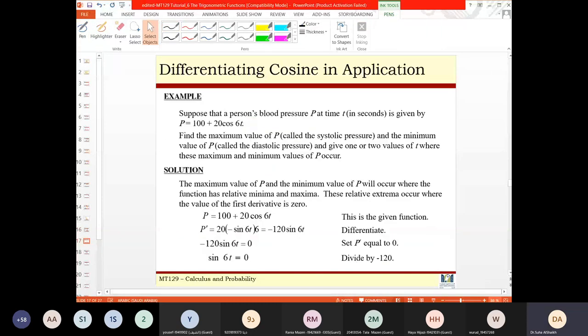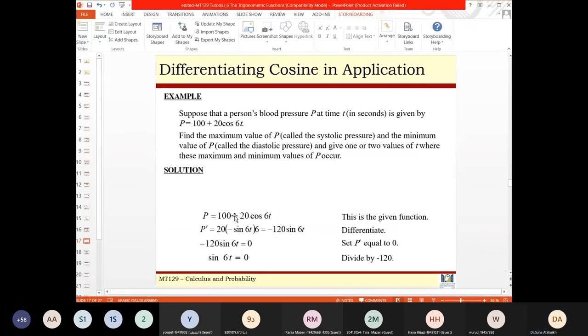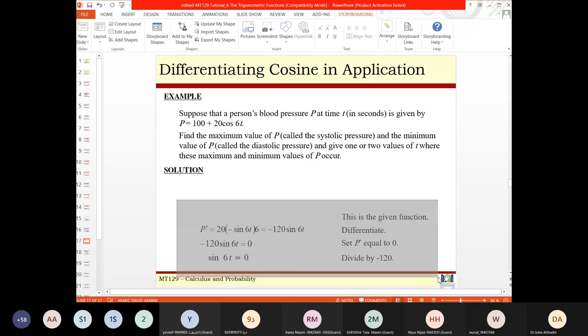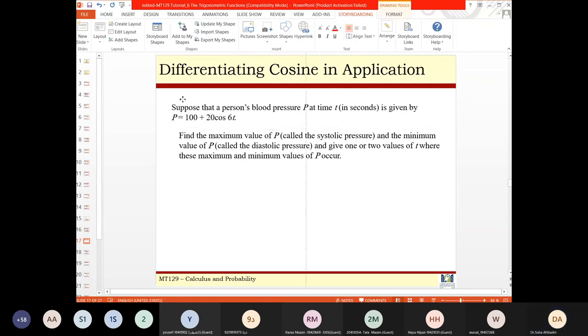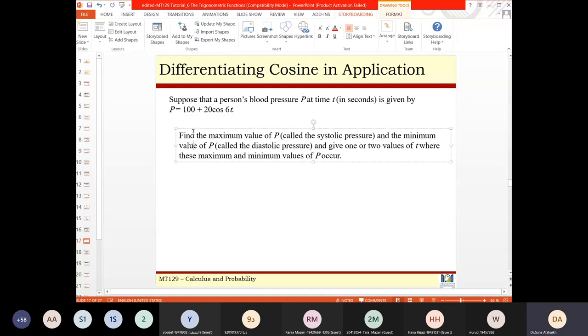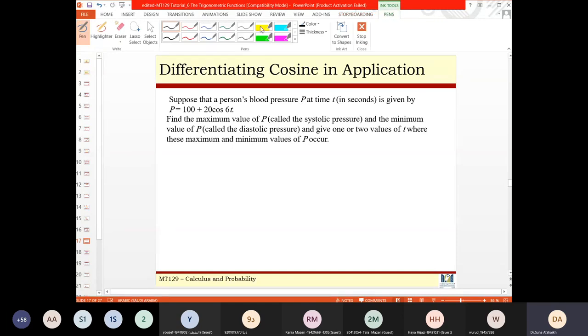Now we have this example. Suppose that you have a person's blood pressure P. It's given by this formula.